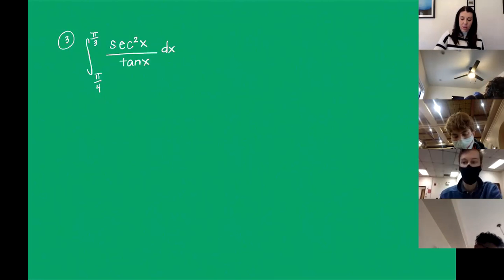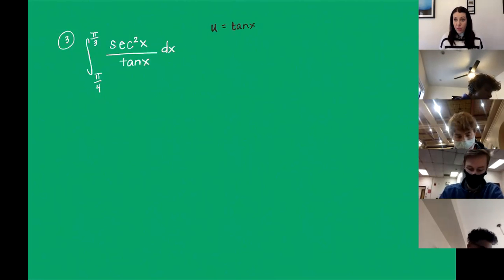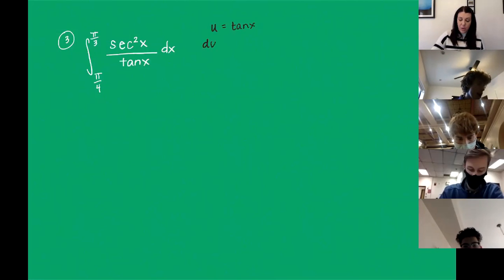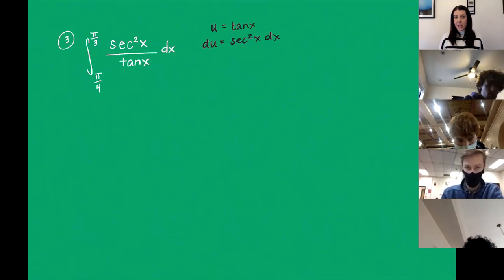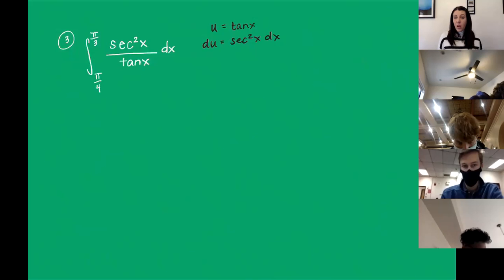But I know that if I picked u is equal to tangent x, the derivative of that, du, is secant squared x. And then don't forget your dx, right? That's differential form. It's the same as writing du over dx is equal to secant squared x, but we just prefer to write it in our differential form, secant squared x dx. Okay, that's everything in the equation.